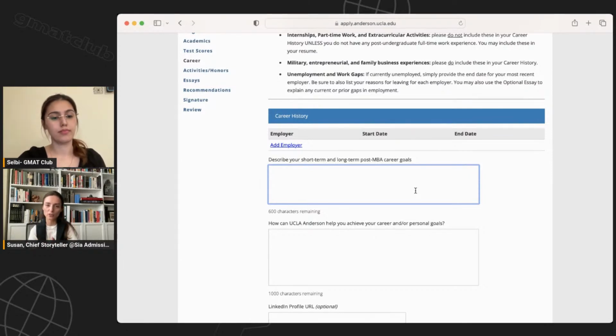So when you talk about your goals, short and long term, you really want to be as specific as possible. Where I found with my clients that they found most success is when that goal is anchored on a past personal experience, whether that personal experience was experienced while in the work environment or in the extracurricular community service environment.